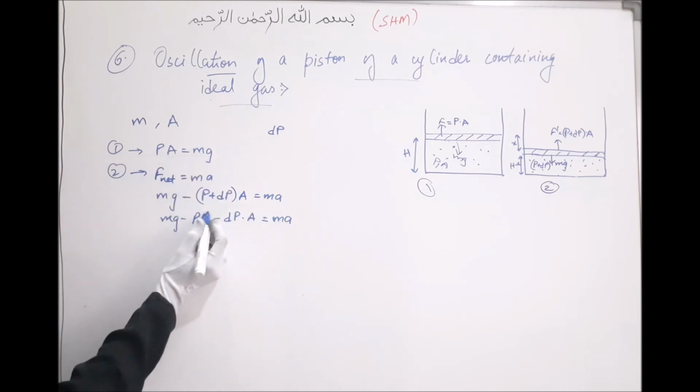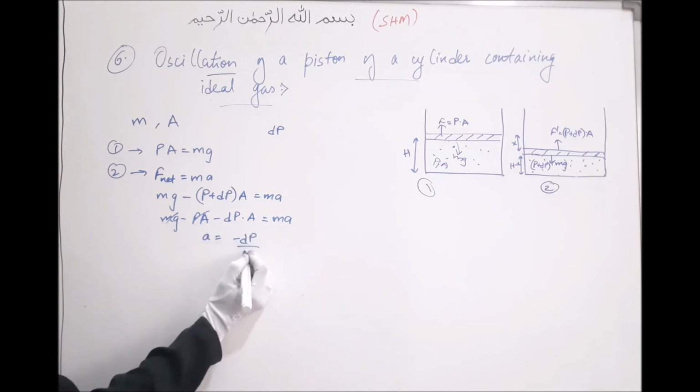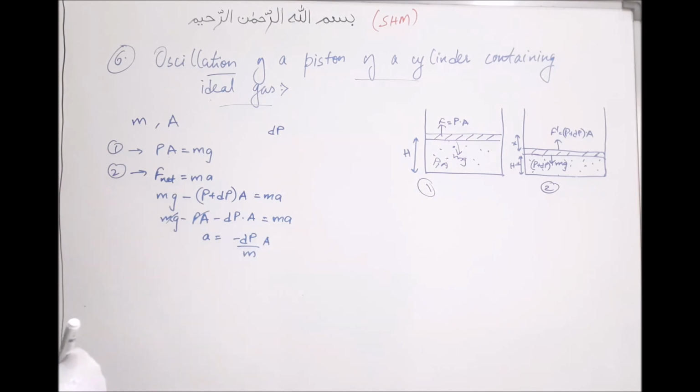Here PA is equal to mg, this and this cancel, and we'll have a is equal to minus dP upon m into A. Now, considering that all the walls as well as the piston are non-conducting, there will not be any exchange of heat with the surroundings. Therefore we will say that the process is an adiabatic process.